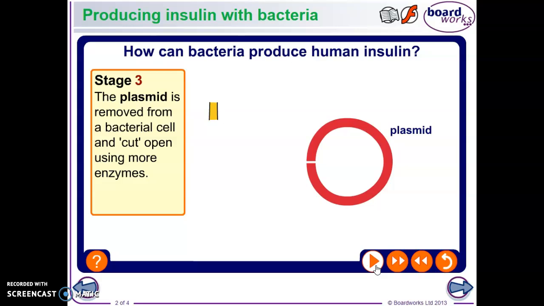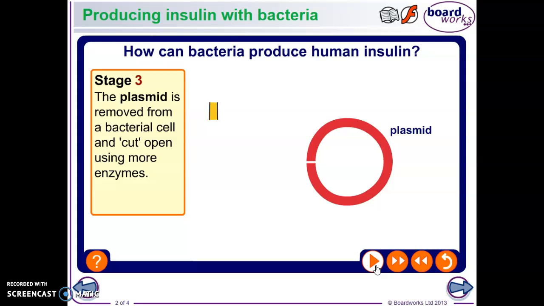For stage 3, a bacterial plasmid has been removed from a bacterial cell. You should remember from Module 3 that plasmids are rings of DNA that are found in bacterial cells. As shown in this animation, that plasmid was taken out of the bacteria cell, and it was also cut open using a restriction enzyme.